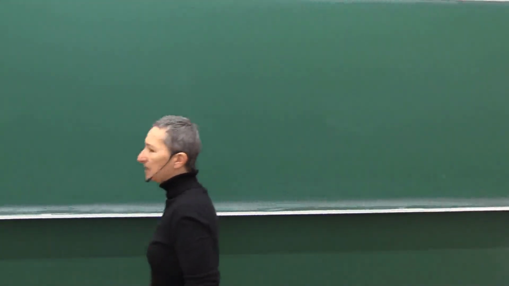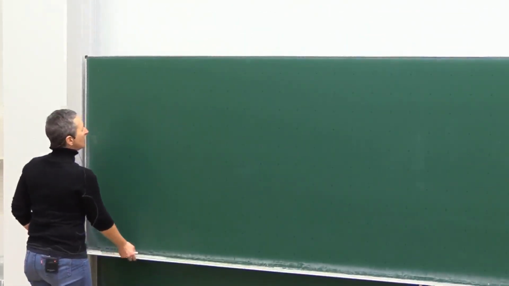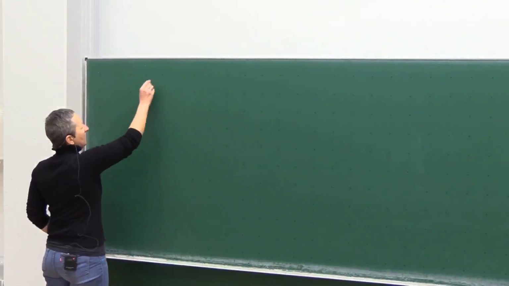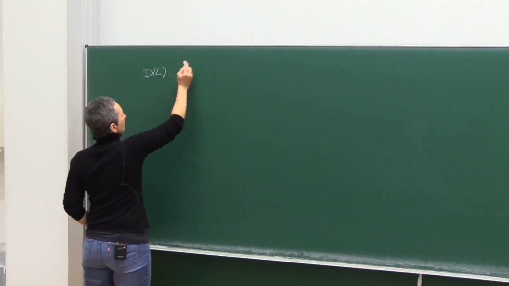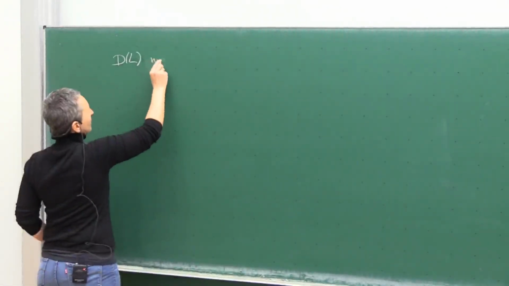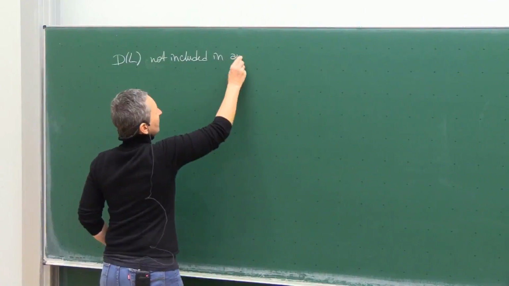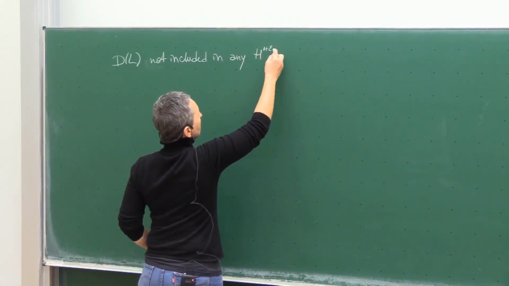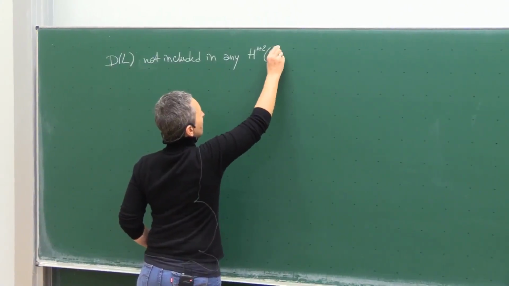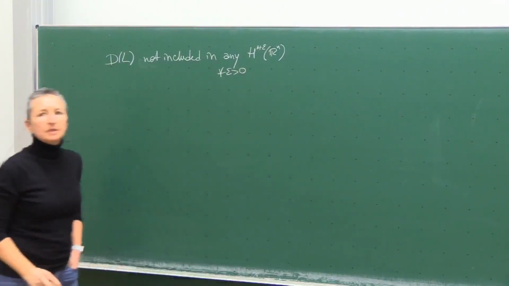Okay, so what you saw last time was an example of a divergence form operator for which the domain of L was not included in any H^(1+epsilon) of R^n, with epsilon positive.